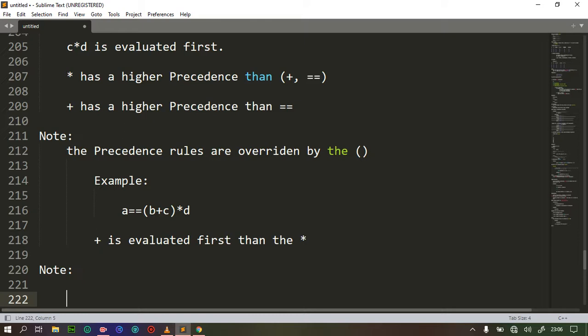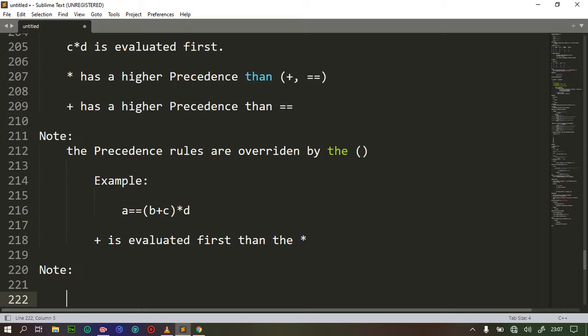So another note about precedence and associativity: operators with the same precedence level are evaluated in the order specified.